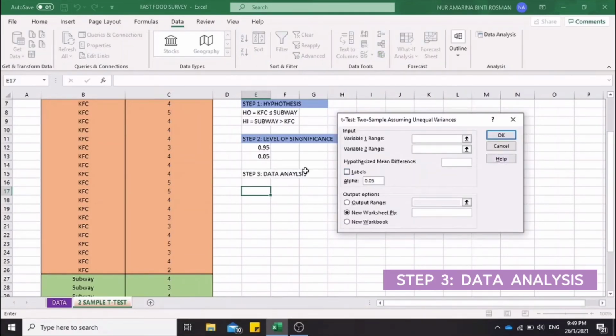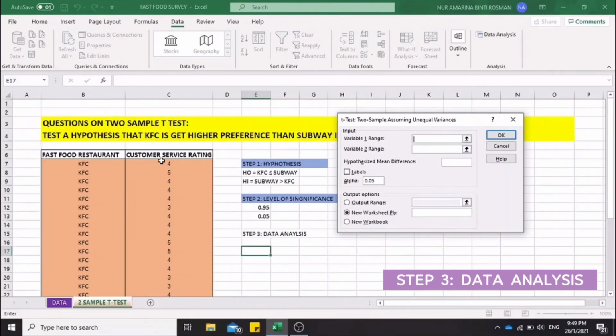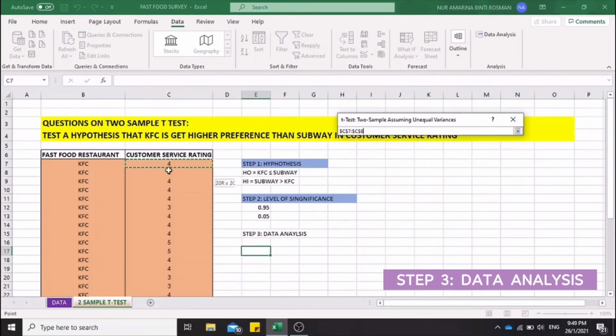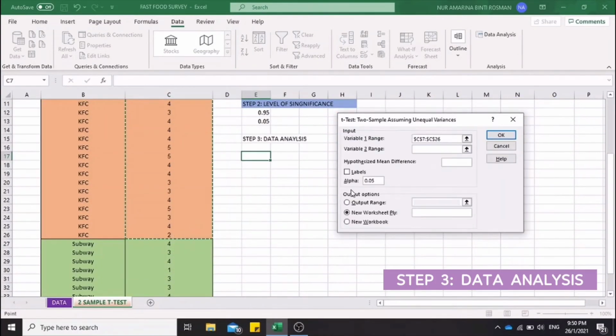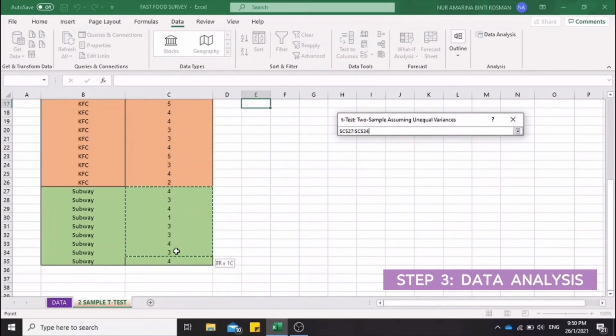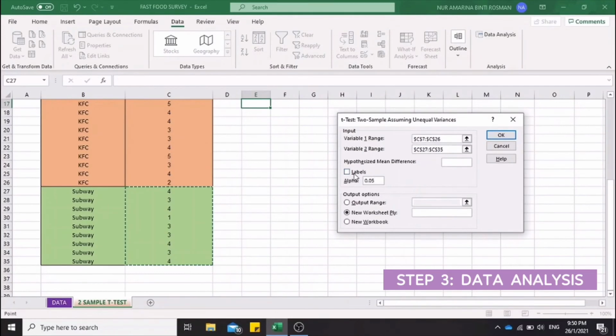Variable 1 is KFC and variable 2 is Subway. So you have to click this customer service rating for KFC and Subway. Hypothesis mean difference is 0.